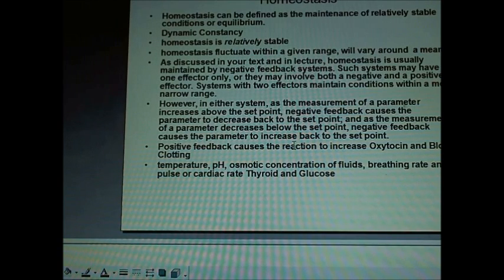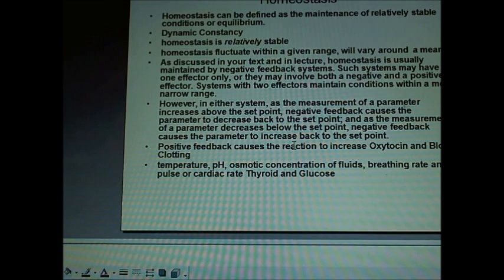Say if you are out in the sun and you're starting to overheat, your body starts to sweat. And the sweat on the surface of the skin cools it off and brings your body temperature back into range. So, an increased body temperature causes the body to sweat. The sweat is a negative feedback. With the negative feedback, it brings the temperature back down into the range where it's supposed to be.